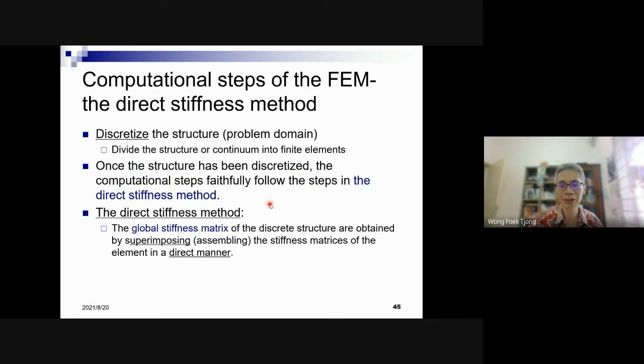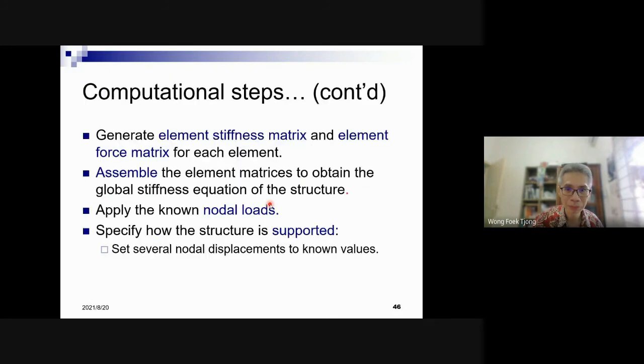So finite element is a kind of generalization of the direct stiffness method, because the important implementation of the finite element method is the DSM, the direct stiffness method. Okay, this is for linear static analysis.